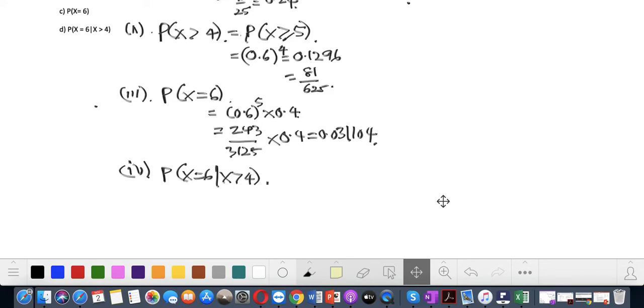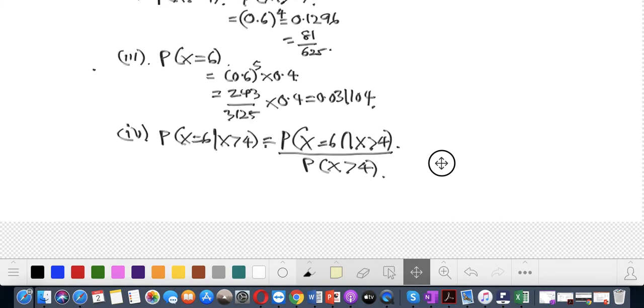To do that, I'm going to break this down: P(X = 6) intersecting with x greater than 4, divided by, going with the conditional probability formula, the probability for x is greater than 4. So given x greater than 4, what is the probability when x equals 6 intersects with x greater than 4? That's the formula.